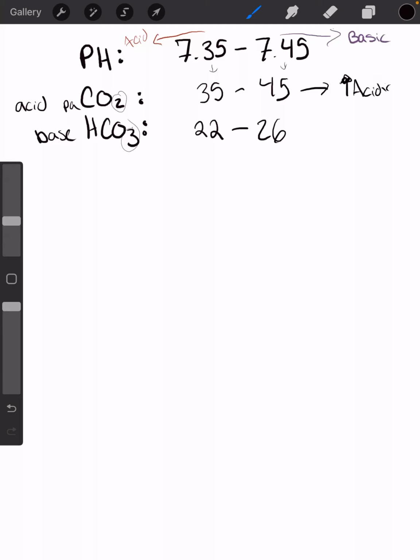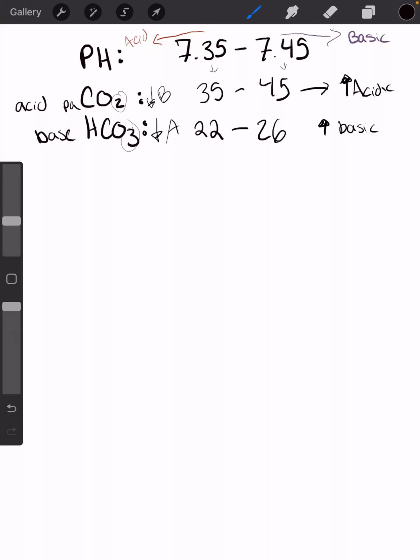And if you have less, it's basic because it's an acid. So more of something, more acidic, less of the acid, less acidic. Same with your base. If you have more of your base, it's going to be more basic. And if you have less of your base, it's going to be more acidic.